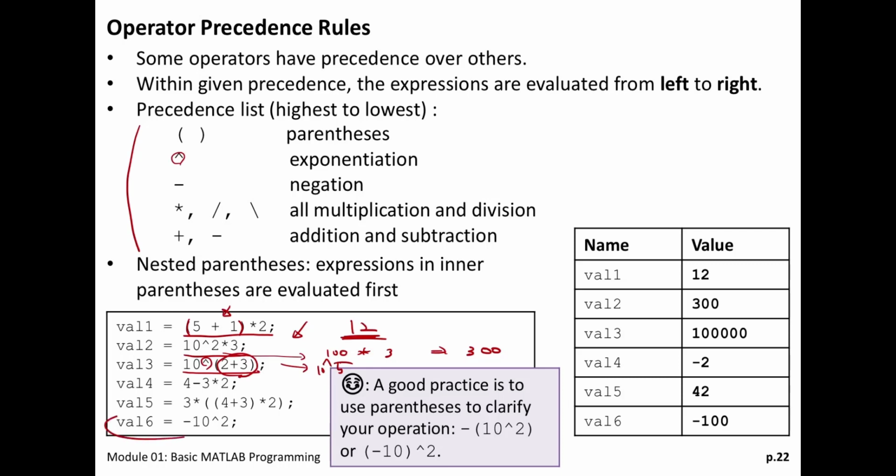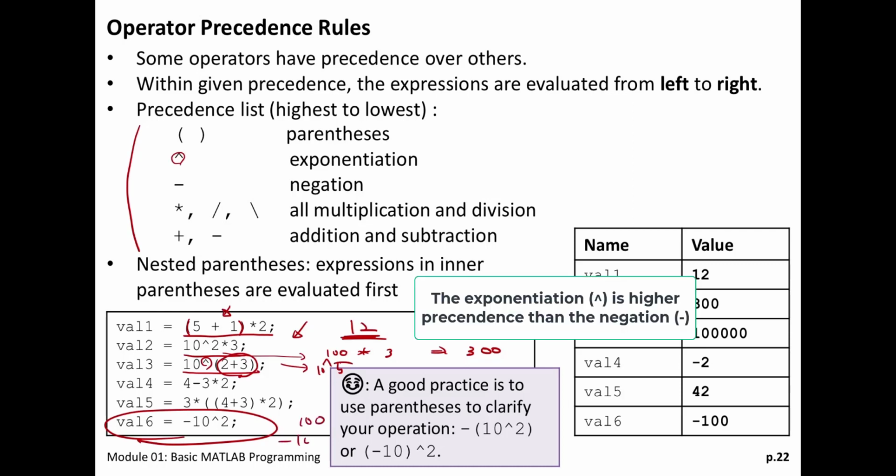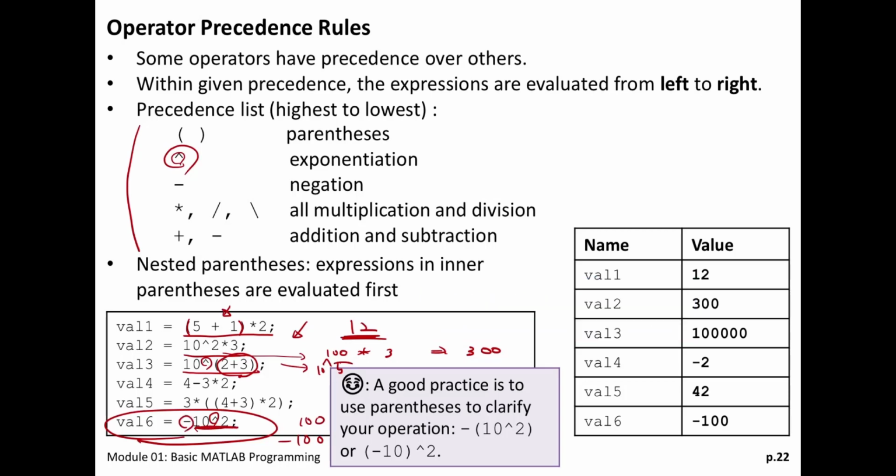What about this one? Is it 100 or minus 100? Exponentiation has a higher precedence order. That's why we do this one first and then do the unary operator, so minus. That's why it's minus 100.